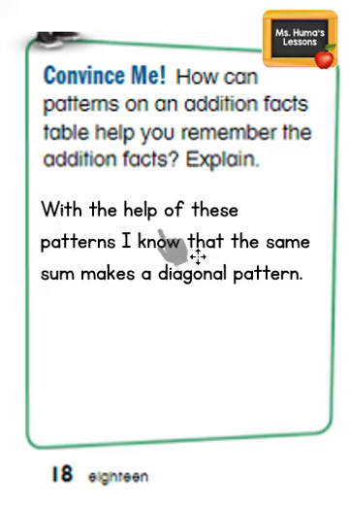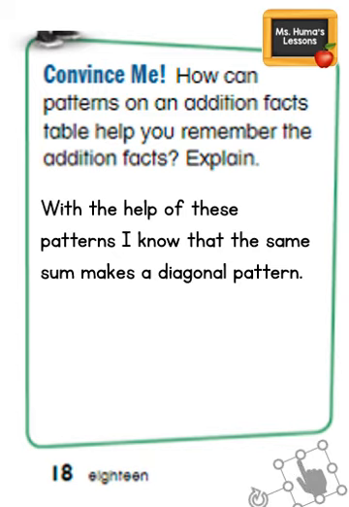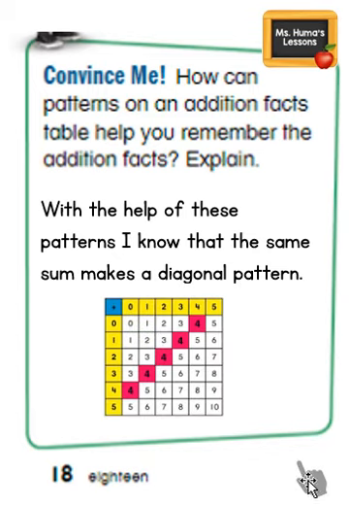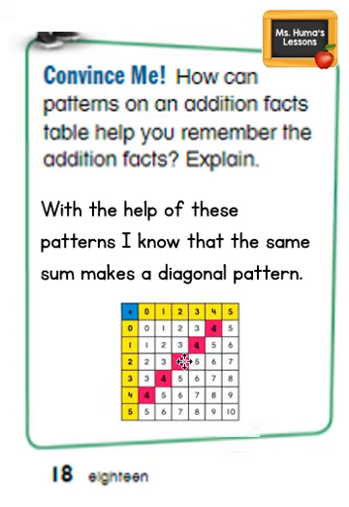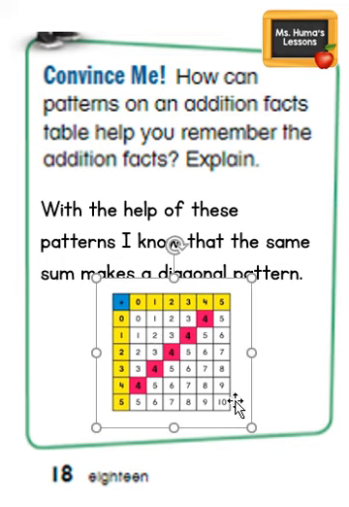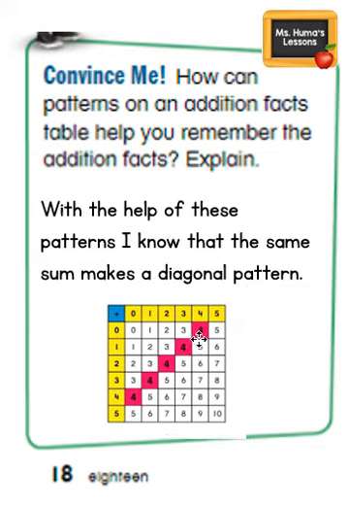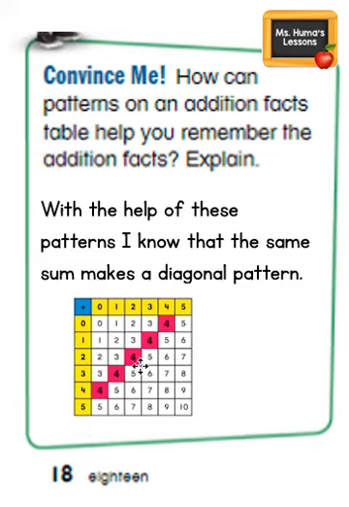So we can write here, with the help of these patterns, I know that the same sum makes a diagonal pattern. Just like this. Here we can see that whenever we add any addends and get a sum of 4, we get a diagonal pattern.